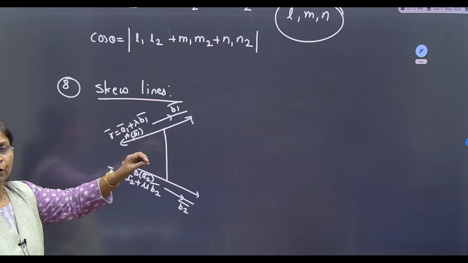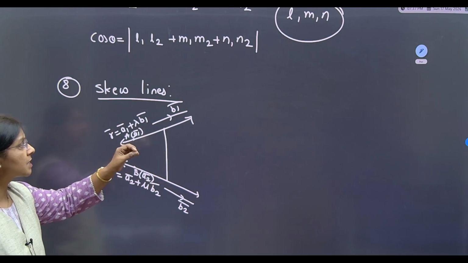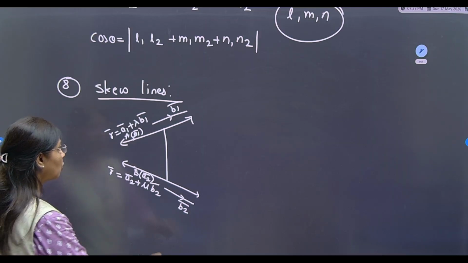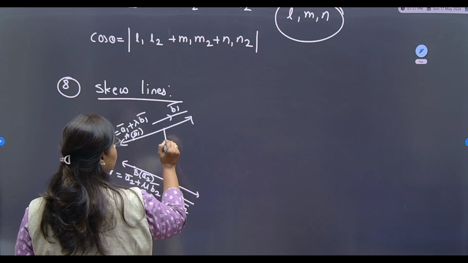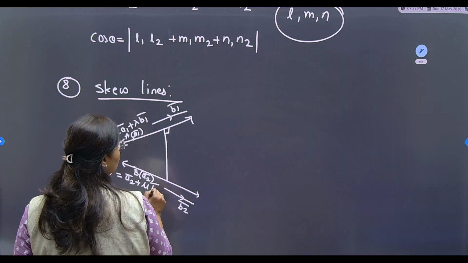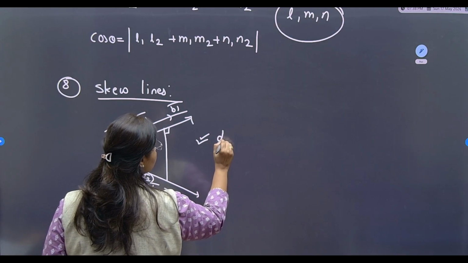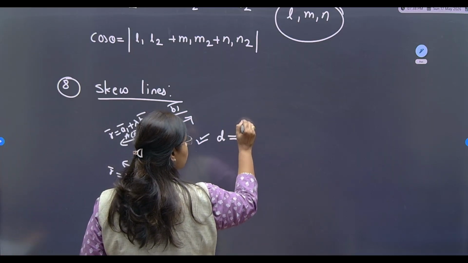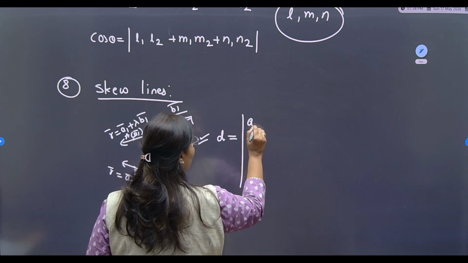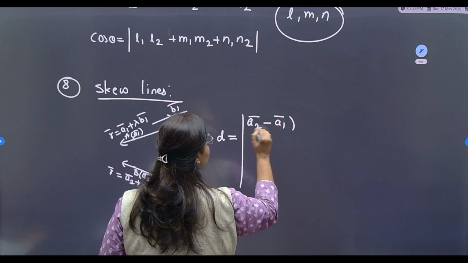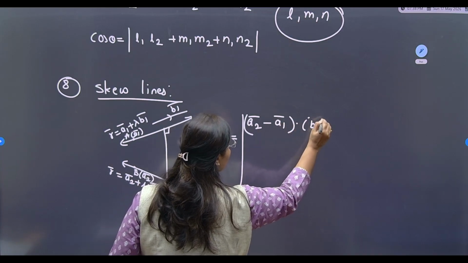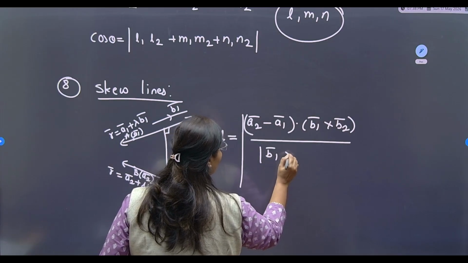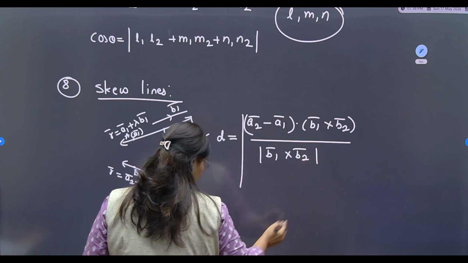Then suppose we need to find the distance between skew lines; that is called the shortest distance. The shortest distance between two lines is denoted by D and equals the modulus of a2 bar minus a1 bar dot b1 bar cross b2 bar, upon the magnitude of b1 bar cross b2 bar. Distance is always positive.